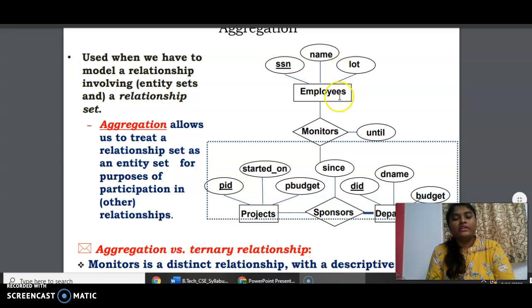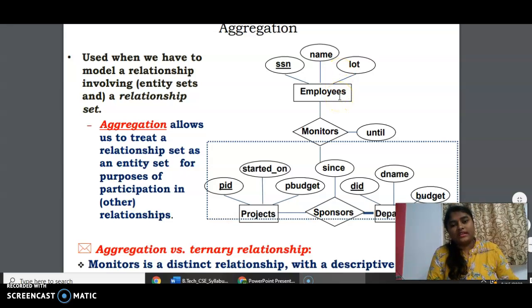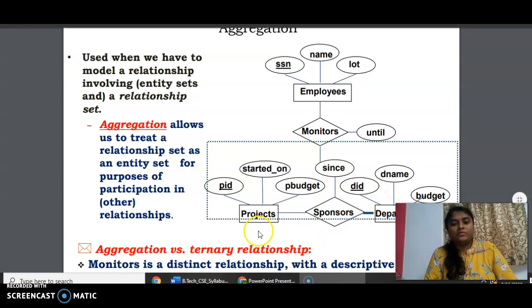When you get situations or sentences or data like this, then you must go for a type of relationship known as aggregation. That means a relationship that is seen by another relationship or undertaken by another relationship. So the projects being sponsored by the department are monitored by a few employees.